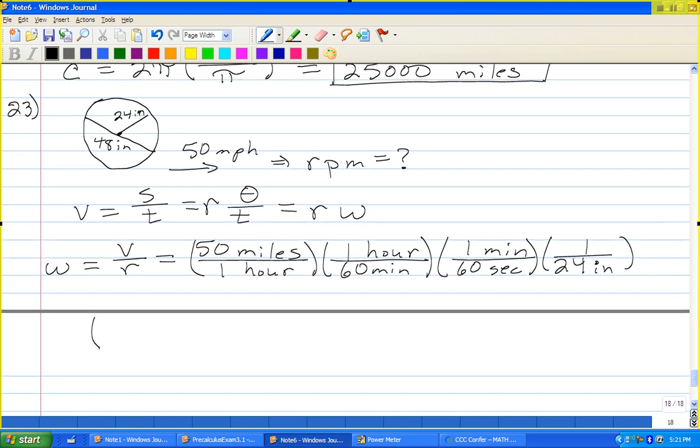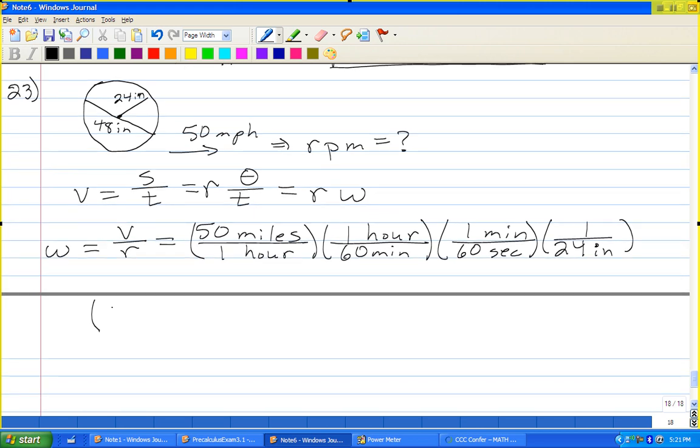There are 12 inches in 1 foot. There are 5,280 feet in 1 mile.